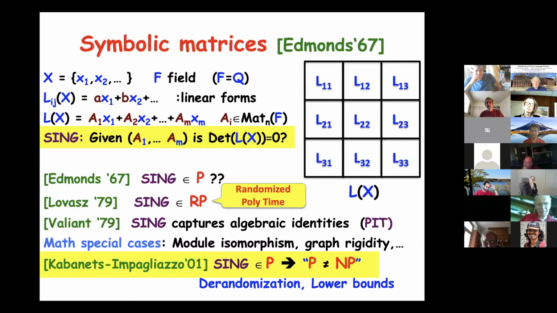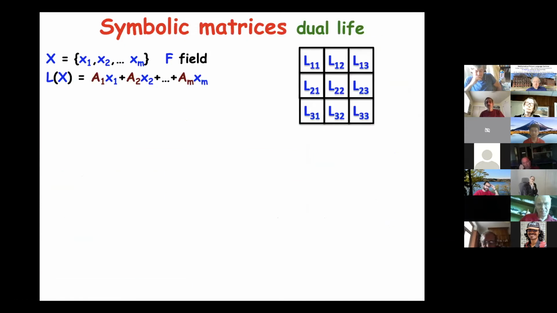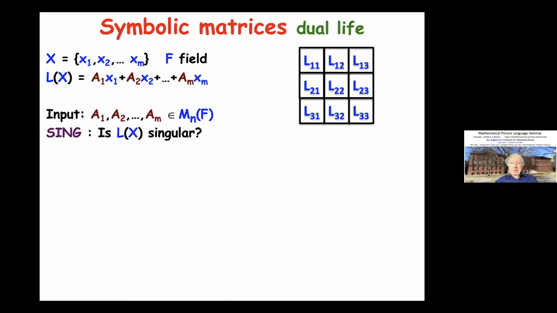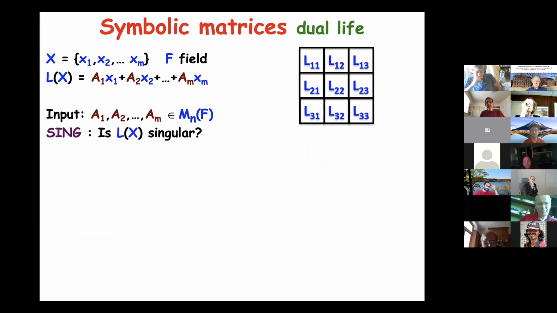That's our problem, but now I'll show you the dual life of this problem. So here's the problem again. We are given M matrices that define a symbolic matrix, and we want to know whether this symbolic matrix is singular. Until now, I didn't say anything, but I'm sure you all assumed that the variables commute.